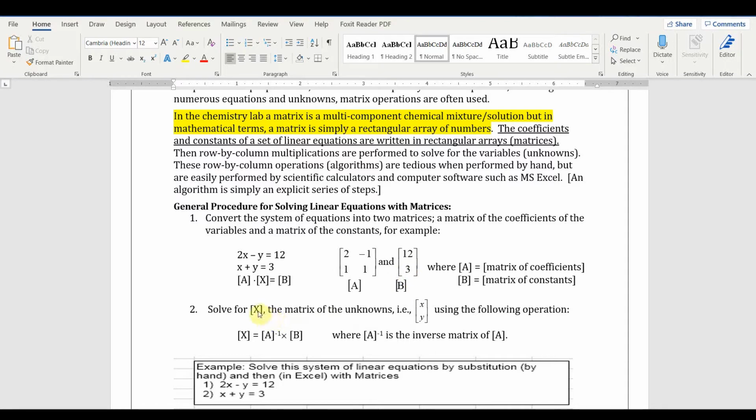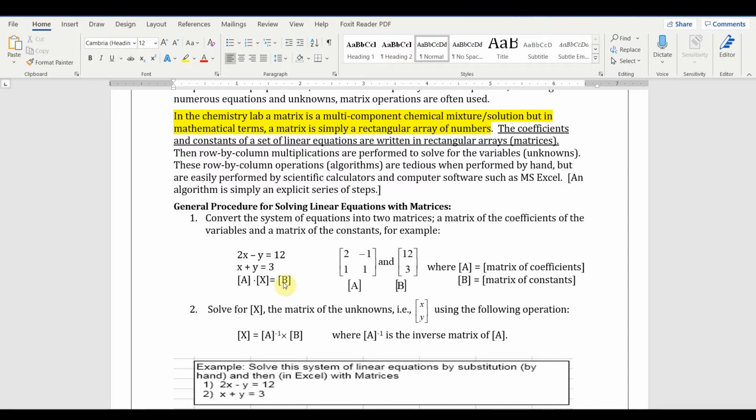So to solve for X, and X will be the matrix of the unknowns, x and y in this case, here's how that's done. In a general sense, can you agree with me that multiplying a coefficient of a variable times a variable gives a constant? So here we have A, the matrix of the coefficients of the variables. We'll multiply it by X, the matrix of the variables, and we'll get B, the matrix of the constants.